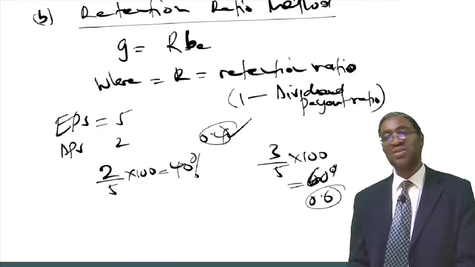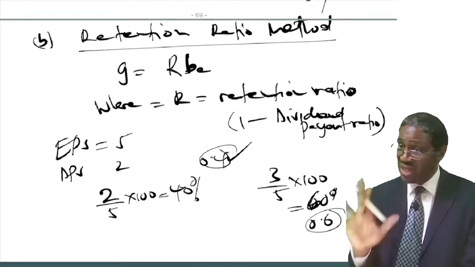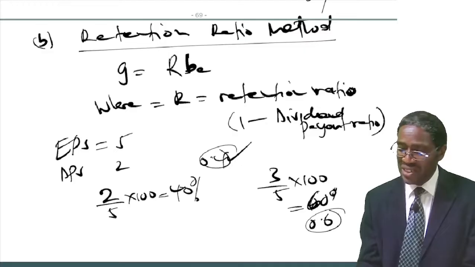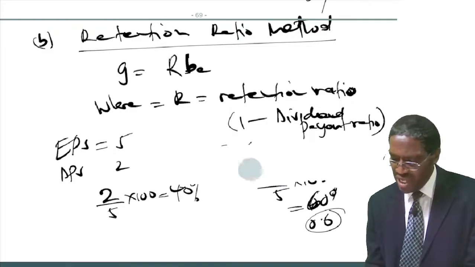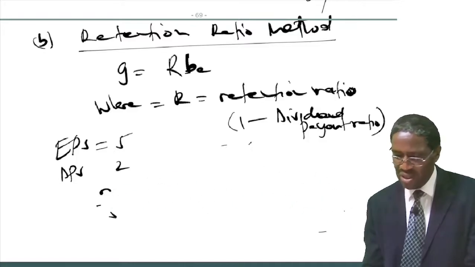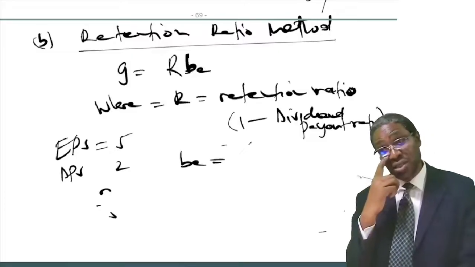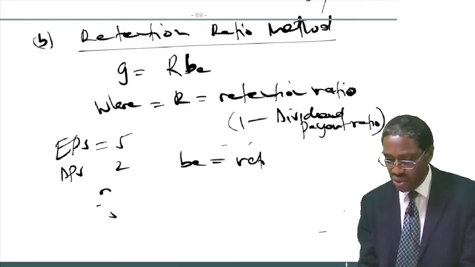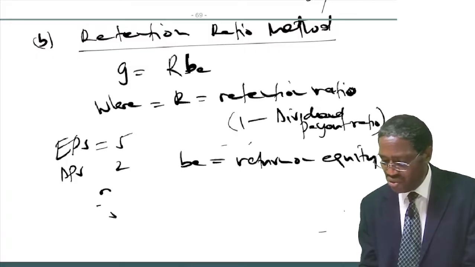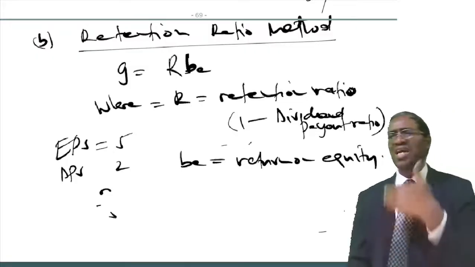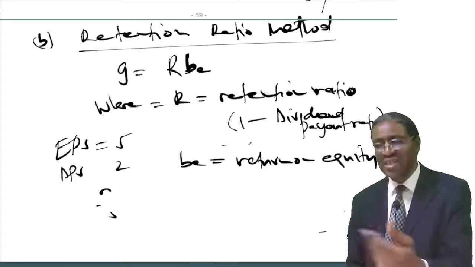Okay, good. Then listen to this now. I'm not through yet. That is R. Our R represents the retention ratio. What about b? b represents the return on equity. The examiner will tell you what the return on equity is, such as 20%, 30%, 40%, and so on.